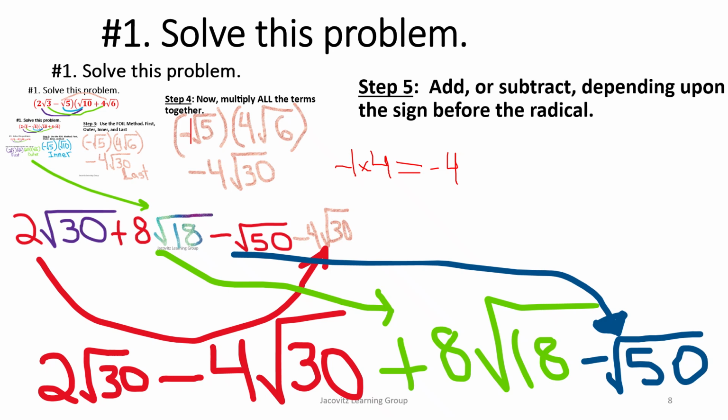That's why you always make sure you take care of this term here, and you don't forget to carry your negative over. So I'm going to highlight this term, carry it, it's negative. And so that's negative 4, guys, negative 4 times the square root of 30. We brought it down over here, and I'm going to highlight it here. This is your last term, right in front of you.